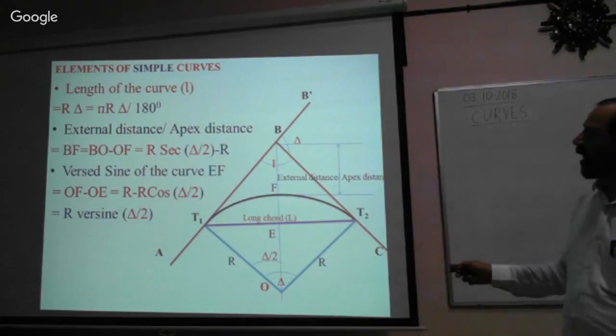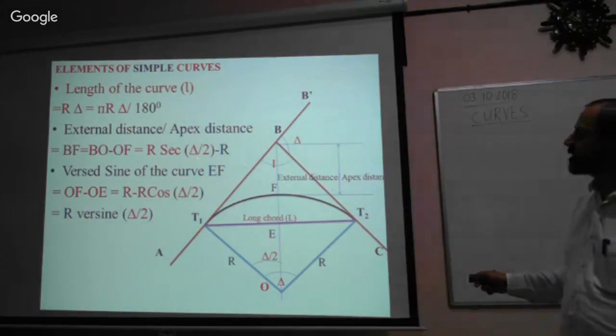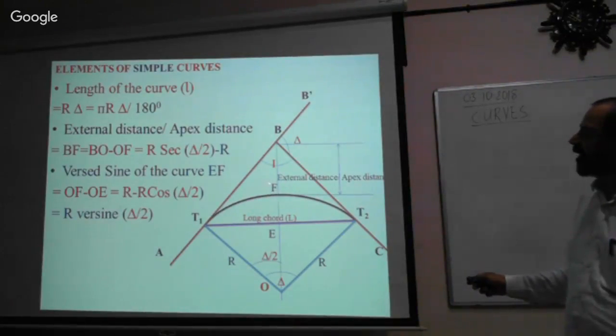Similarly, the external distance, that is BF. This distance FB is the external distance. How to calculate this?